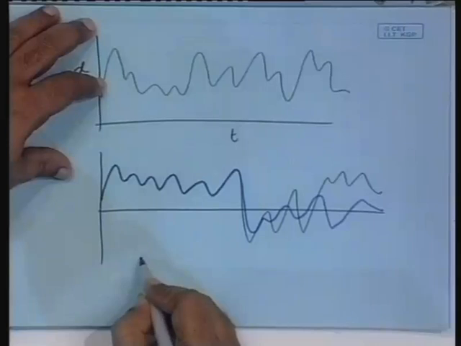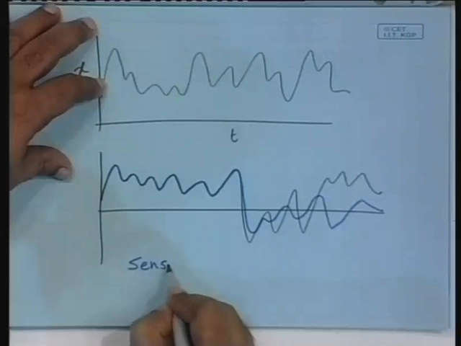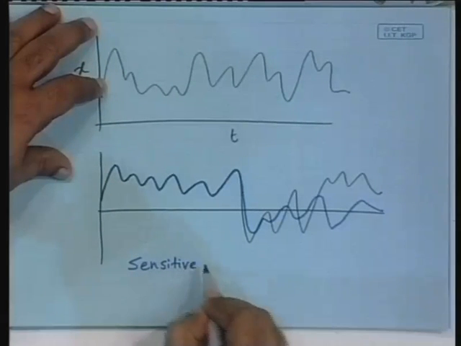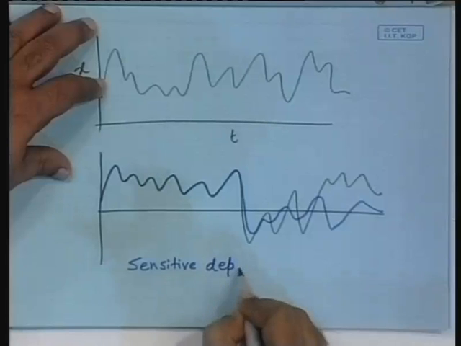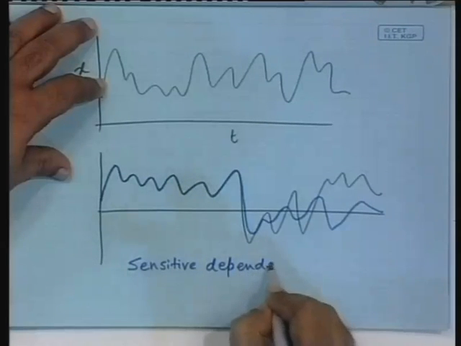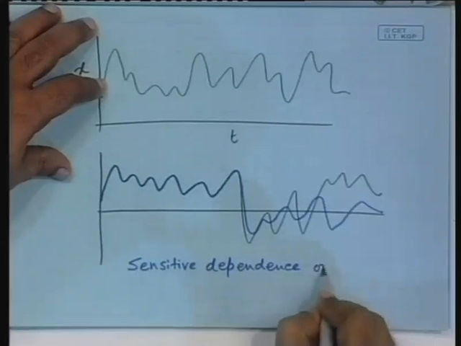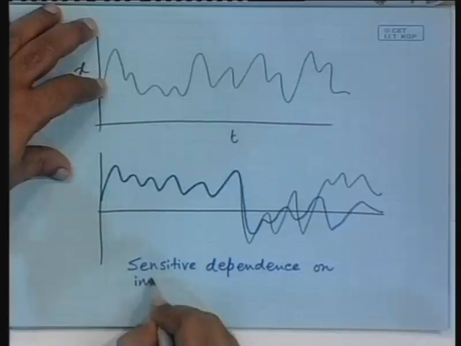This phenomenon is one of the hallmarks of chaos. It is called sensitive dependence on initial condition.